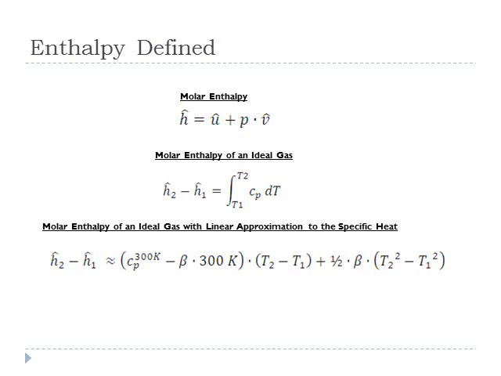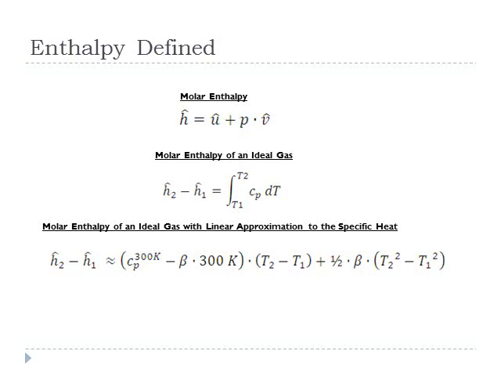So for an ideal gas, the change in the molar enthalpy between state 2 and state 1 is equal to the integral of the specific heat at constant pressure times the change in temperature between state 1 and state 2. As we saw, C sub P may not be constant with temperature, so this is why we need the integral.